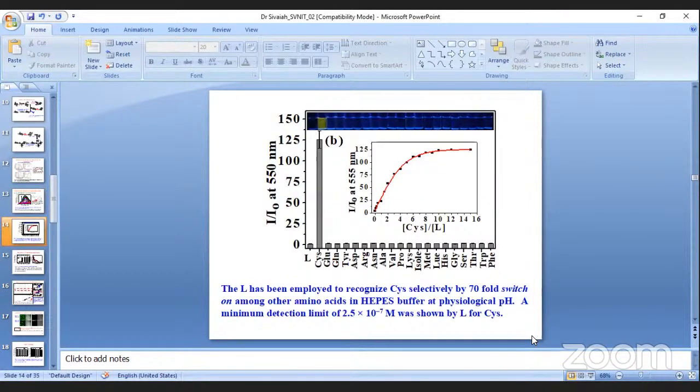Similarly, I have tested with a number of amino acids. You can see among these 20 amino acids I have tested.